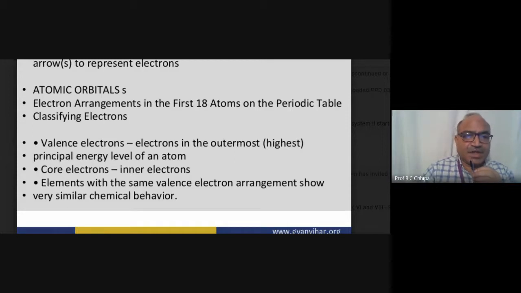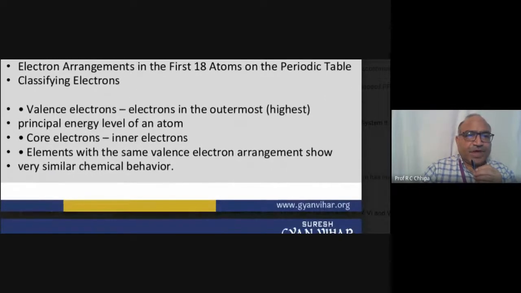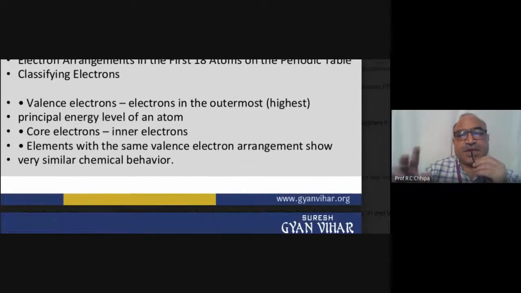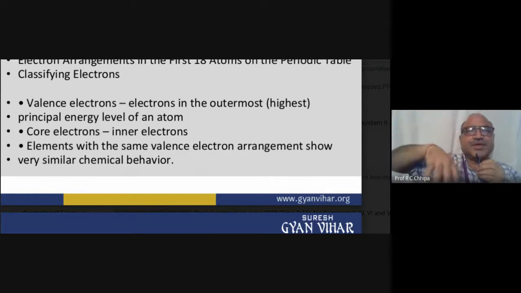Here one most important concern is the valence electron. The valence electron is the outermost electron. The role of the valence electron is most important, because it is present in the outermost shell. That is the security of that particular atom.